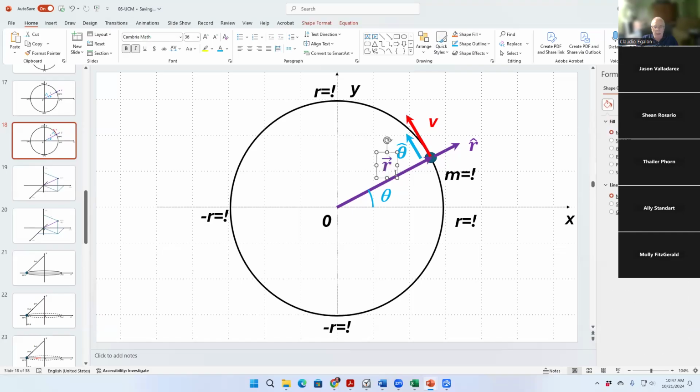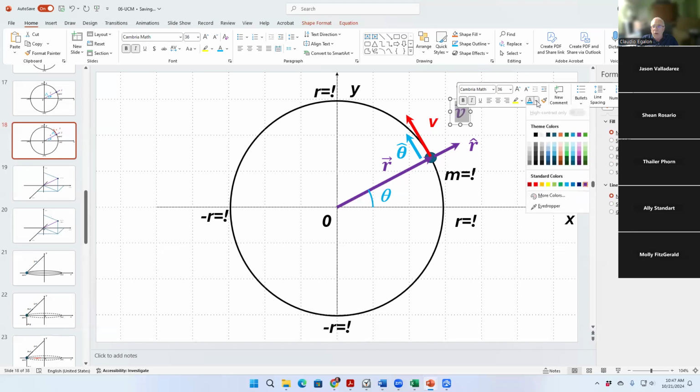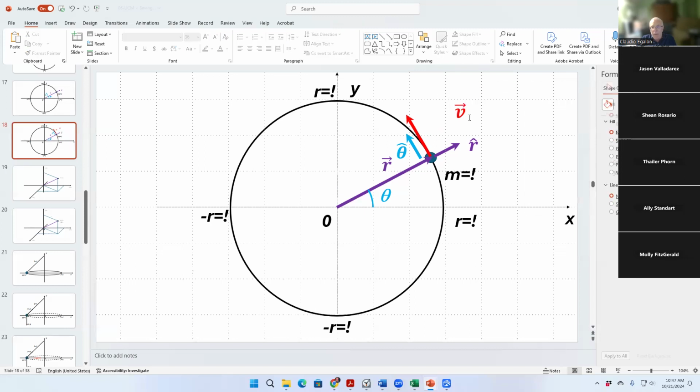So we use this guy here, v, and make it a red color. Let's see if I can find it.